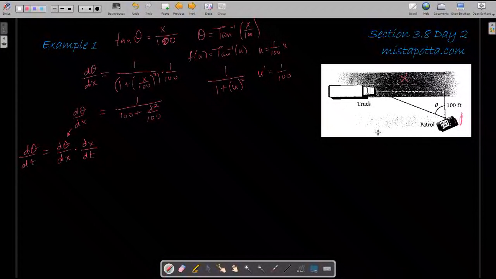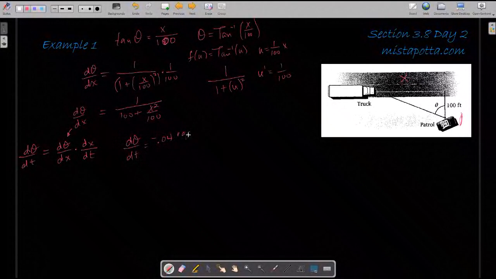And let's say for our purposes here, d theta dt, the change in our angle over time, is going to be negative 0.04 radians per second.